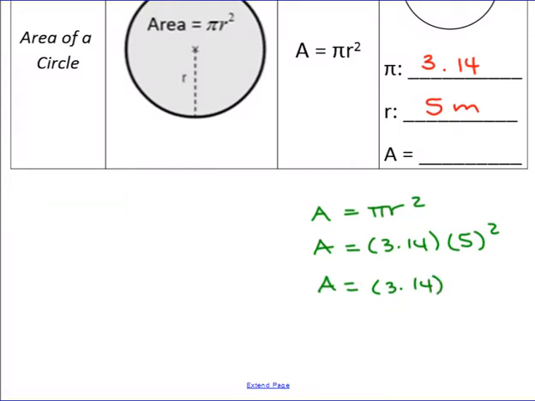So 3.14 times 25, and then you can go ahead and put that in your calculator, which I'm going to do now. So 3.14 times 25, and that's going to give you 78.5 meters squared. And just the same as any other traditional area, you're going to square your final answer. So 78.5 meters squared.